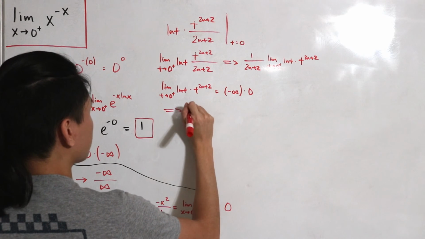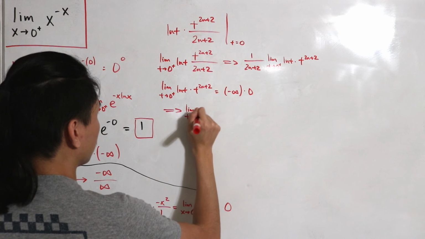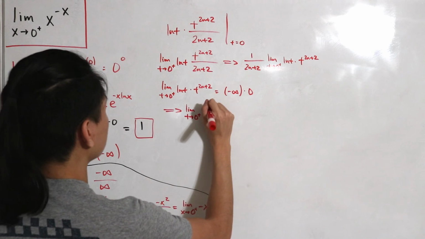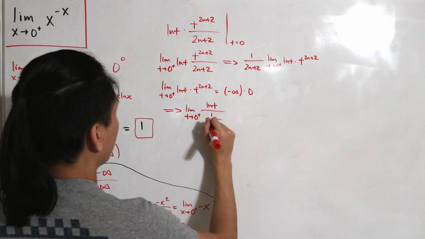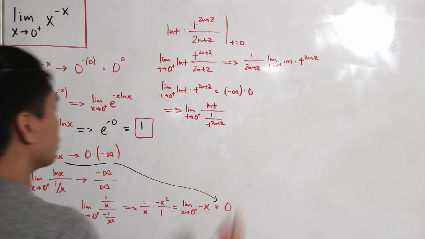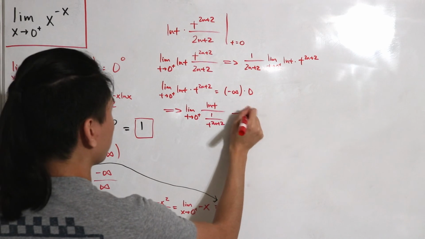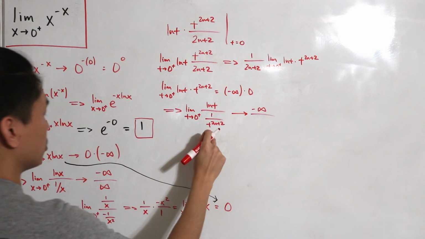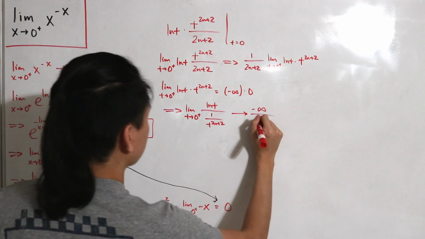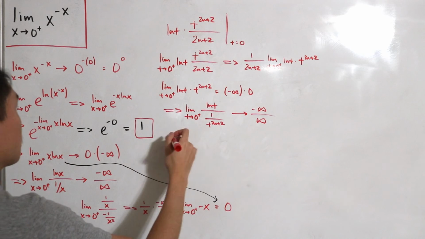So I'll rewrite this in a way that we can apply L'Hopital's rule: ln of t in the numerator, and in the denominator 1 divided by t to the power 2n plus 2. Now if I plug the 0 in, we have a negative infinity on top, and the denominator approaches positive infinity from the right, so it's an indeterminate form.